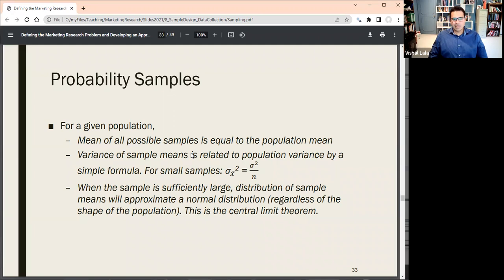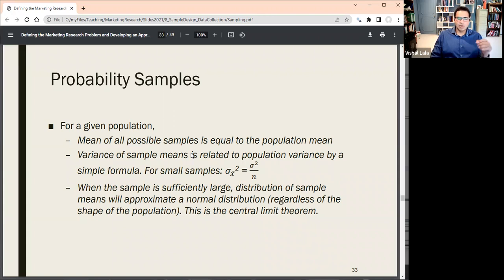What we also know is that if you have a sample that is sufficiently large and you construct a distribution of all the sample means, they will approximate normal distribution. This is independent of the shape of the population. This is the well-known central limit theorem.